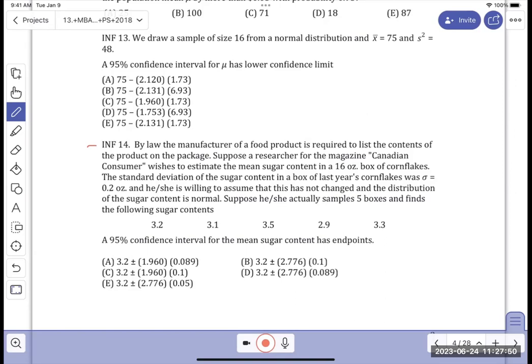So for 14, do you use the formulas of 5 or the formulas of 6 on the formula sheet? It's 6.